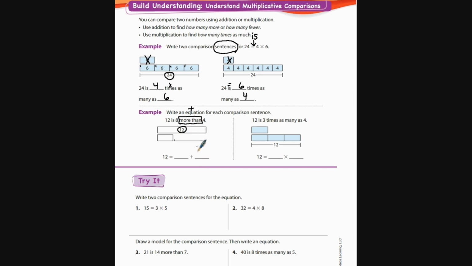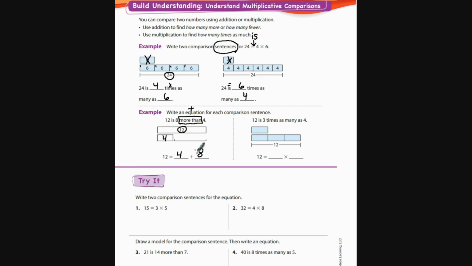Now, some of you are probably saying, oh, 8 plus 4. Not necessarily, no. Because it's saying 8 more than 4. That means that if I had 4, and I added 8 more, then I have 12. What this is saying is 12 equals 4 plus 8.